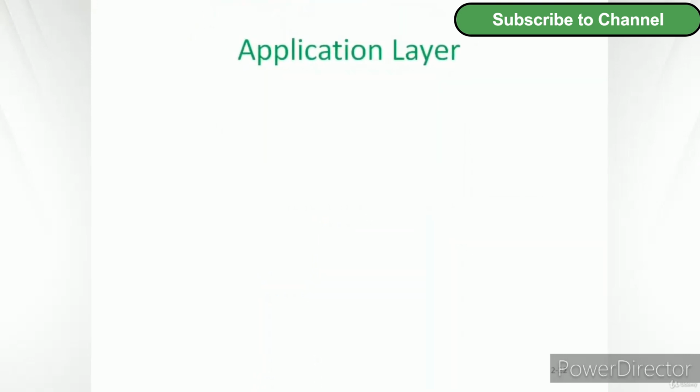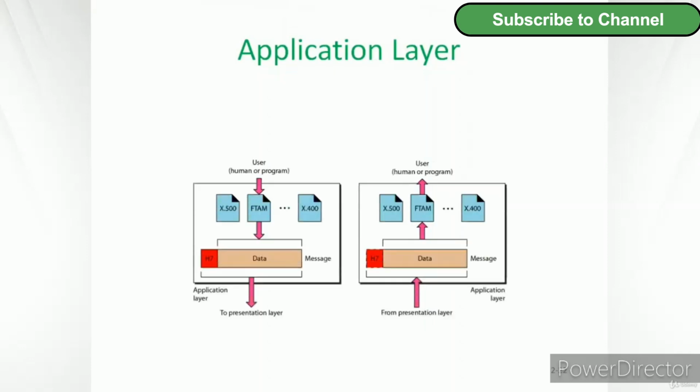Then the application layer. You can see the diagram for the application layer. It is a user, human, or a program, which gives services to the presentation layer, and then from the presentation layer to the application layer.